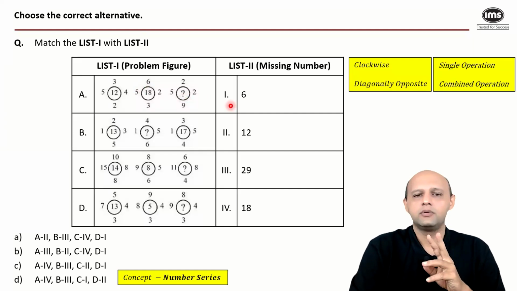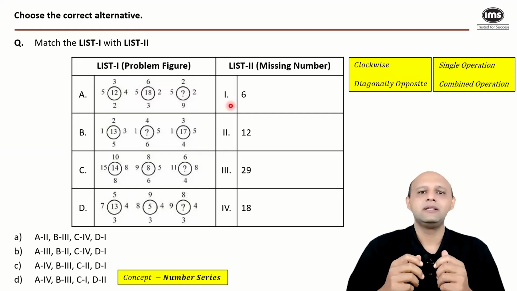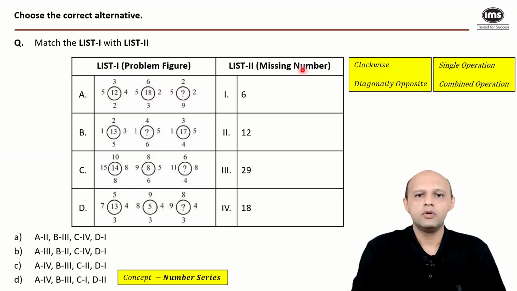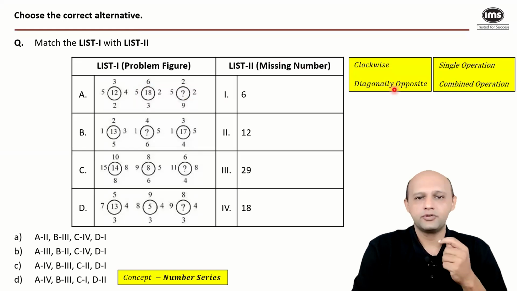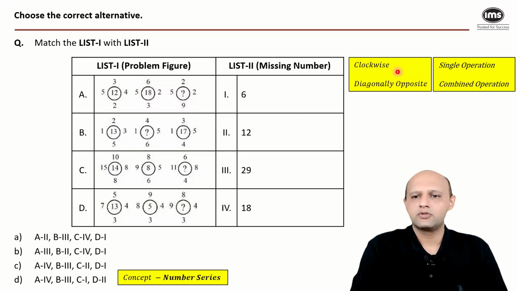So these are two distinct thought processes that we recommend students follow when approaching such questions, at least to give you a structure, lay a foundation on the basis of which you could build further calculations or solve further. Okay, so single operation or combination of operations defines the type of operation, and clockwise or diagonally opposite defines the way in which you should proceed.